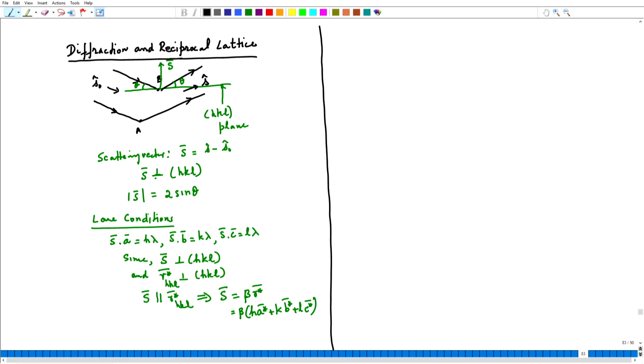Now, from the Laue conditions, I can write vector S dot A as beta times H A star plus K B star plus L C star, dot the vector A. Let us take the dot product of this.